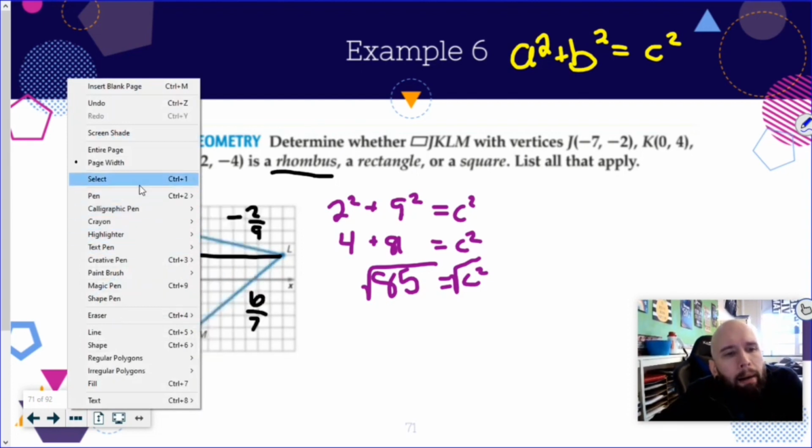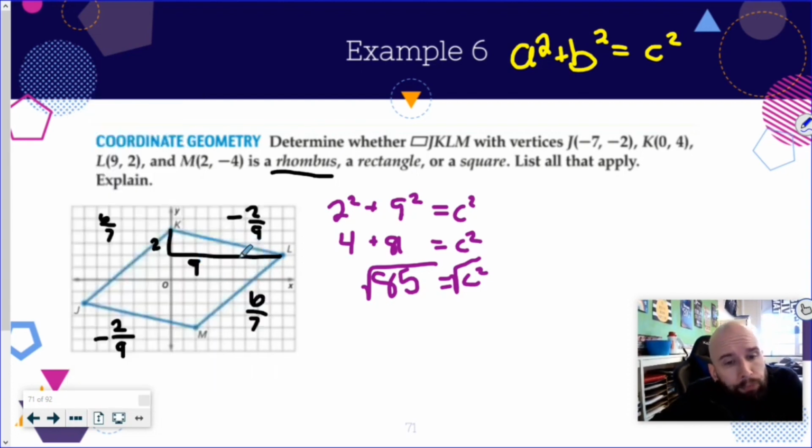So let's do it again. With this, I could draw a triangle knowing very well that this height is 6 and that is 7. So I'm going to do 6 squared plus 7 squared equals c squared.